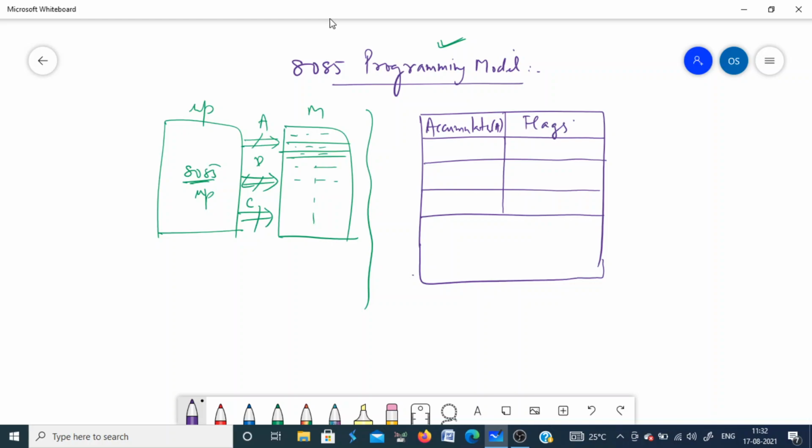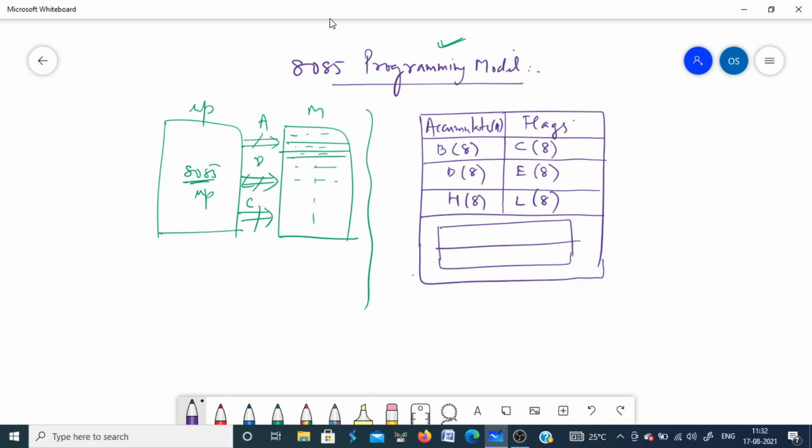Then we have flags. This is a new concept that we will introduce today. Then we have registers B, C, D, E, H, and L, and all of these are 8-bit registers. Apart from this, you have two 16-bit registers which act as memory pointers.